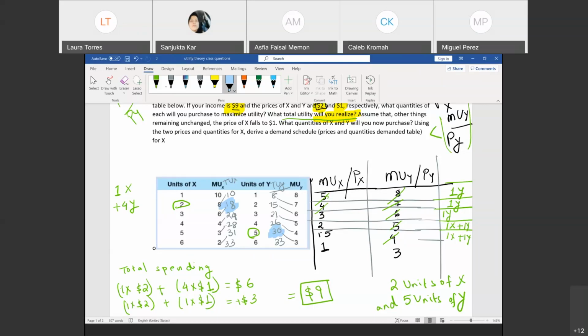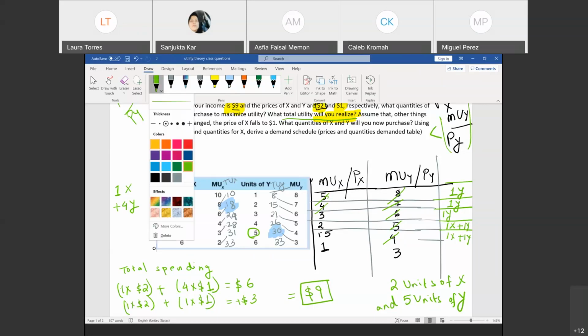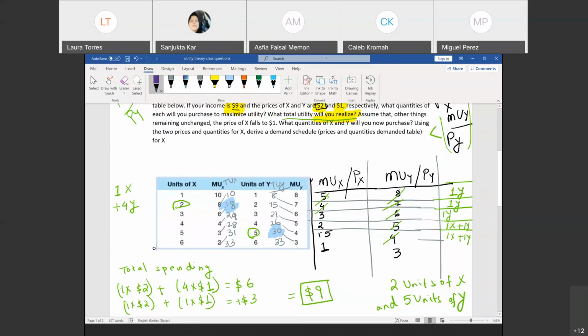So the question is asking, what total utility did you realize? My total utility is 18 plus 30, which is equal to 48. So this is my total utility.